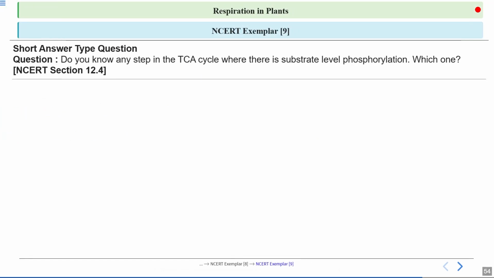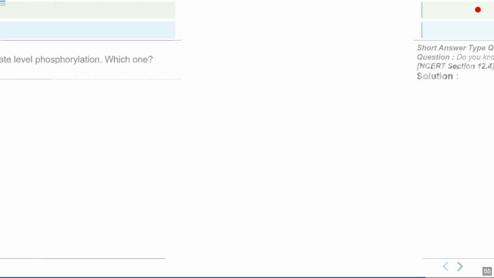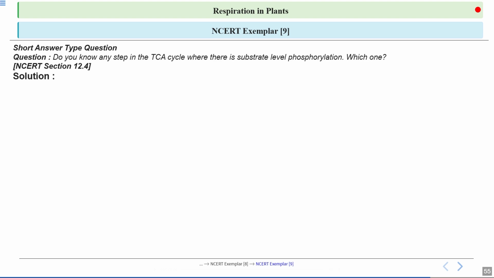So let's look at the next question. Do you know any step in the tricarboxylic acid cycle where there is substrate level phosphorylation? We have to tell which one step. Let's look at the solution. Let's look at the step that involves substrate level phosphorylation in the TCA cycle.